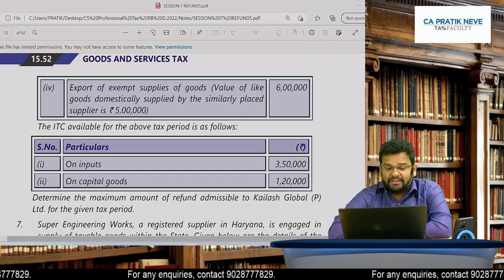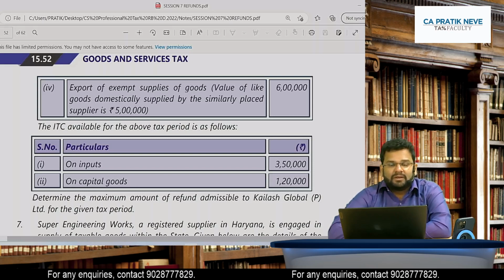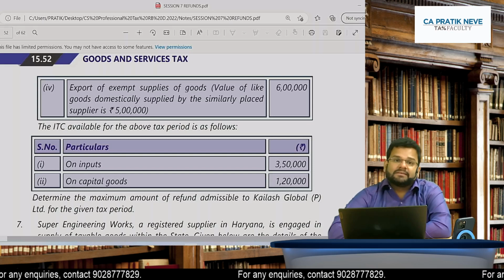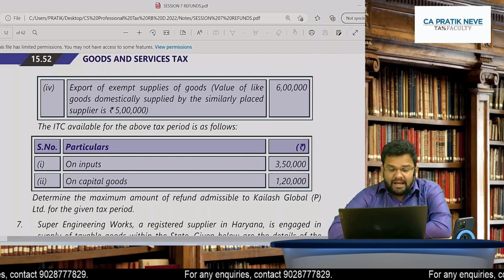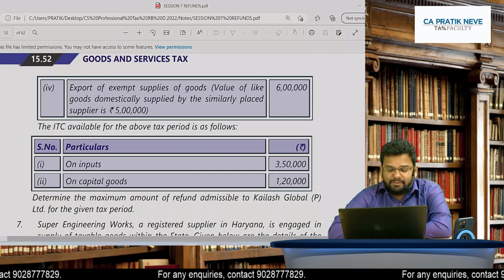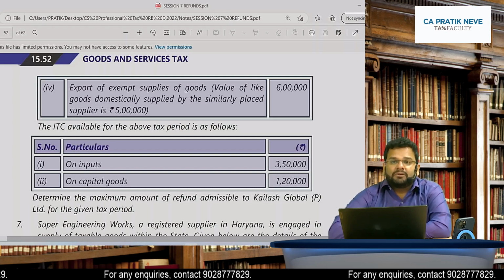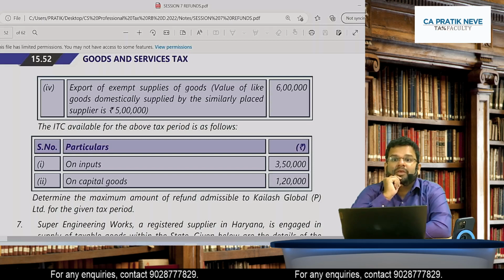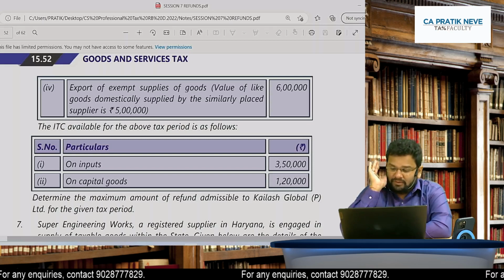So this export is absolutely zero rated. So equivalent to this 6 lakh, you can claim ITC. ITC available for the above tax period is as follows. Will you consider inputs or capital goods? You will consider only inputs.